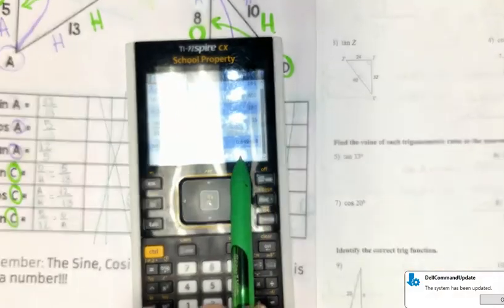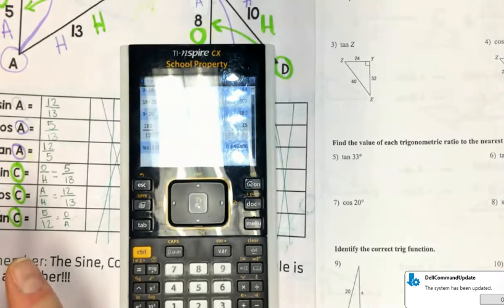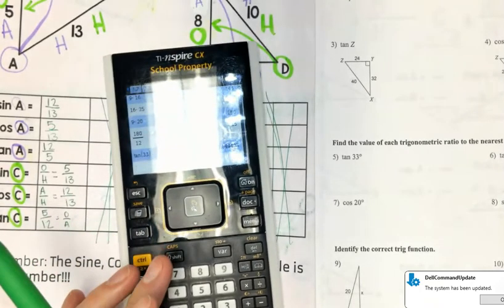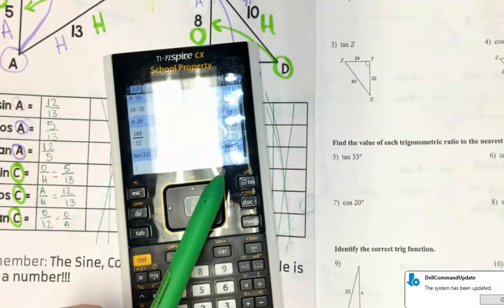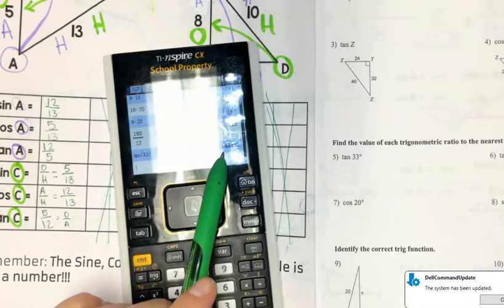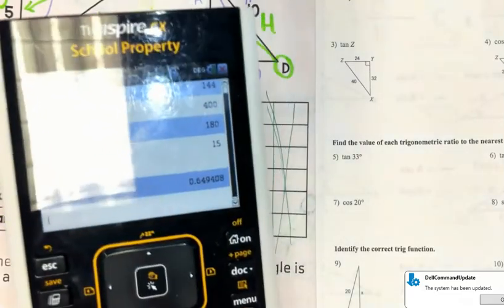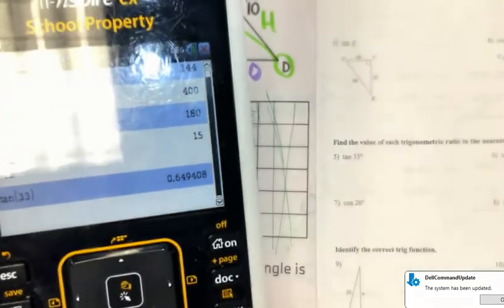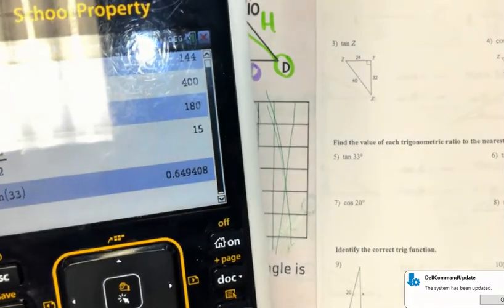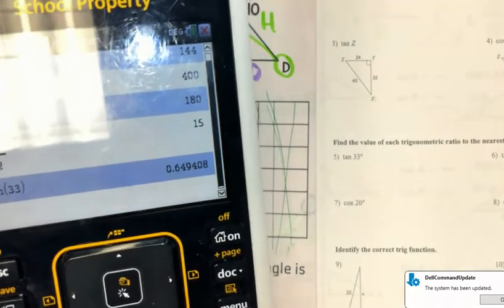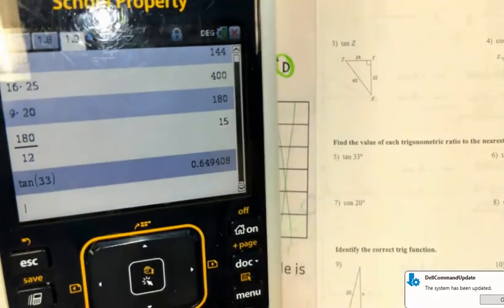You get this number right here. I don't know how often this has gone blurry on you guys. Hopefully not too much. Tangent of 33 is 0.649408. Don't let that freak you out. Okay, we want to round that to the nearest 10,000th, so we're going to go 4 decimal places deep.